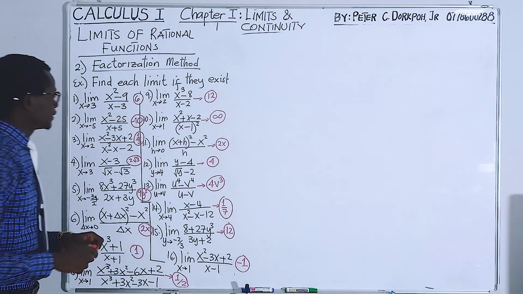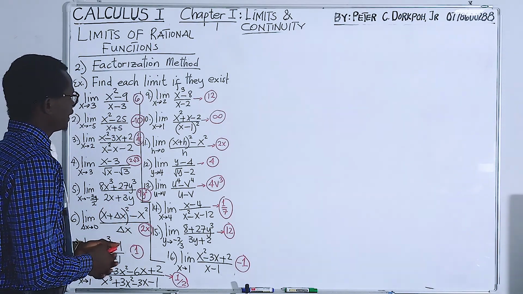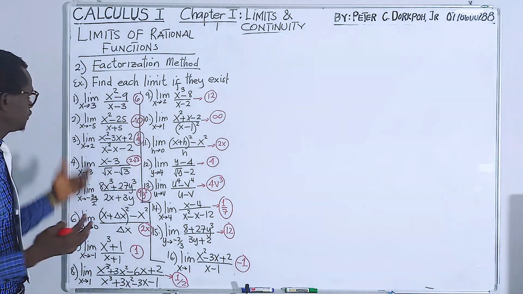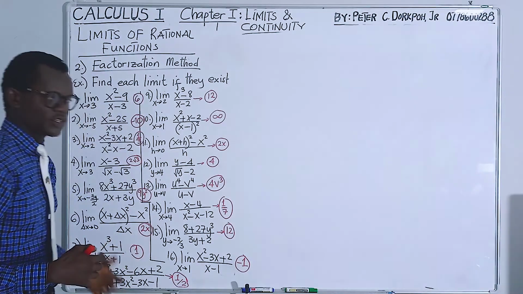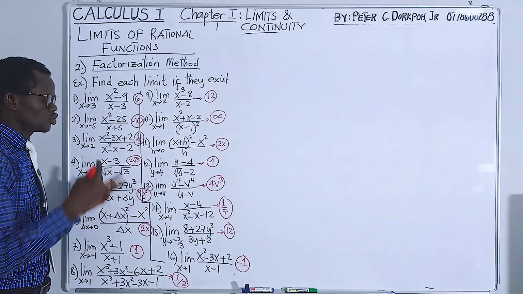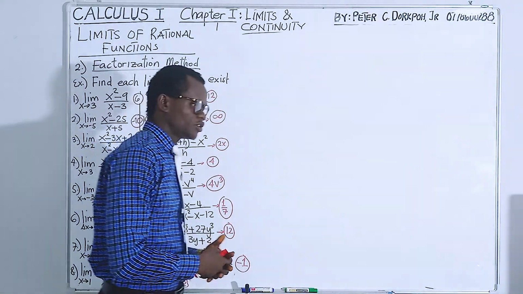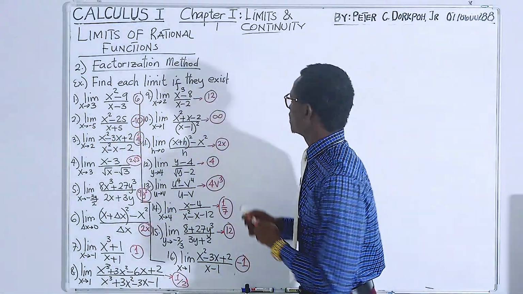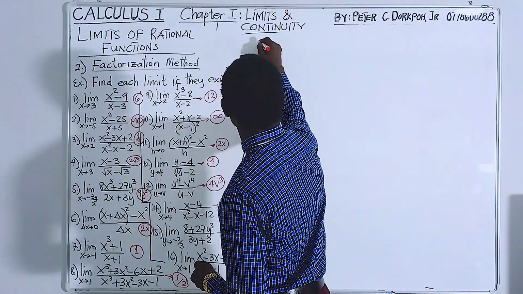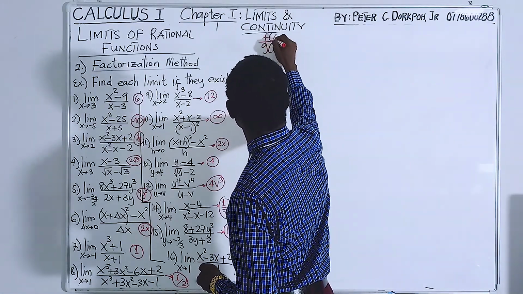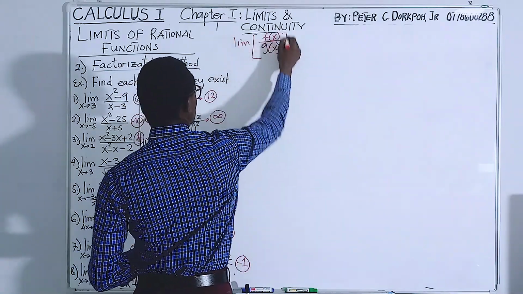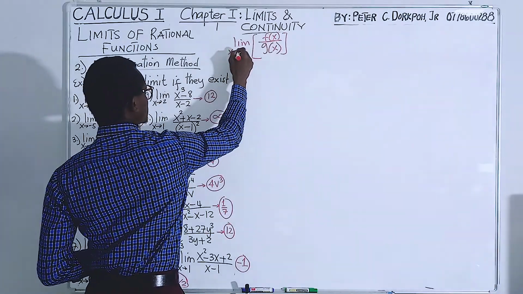Now let's look at the next method. The next method says that we must be able to solve these rational expressions using the factorization method. The direct substitution method is used when we have the limit of a function f of x over g of x.